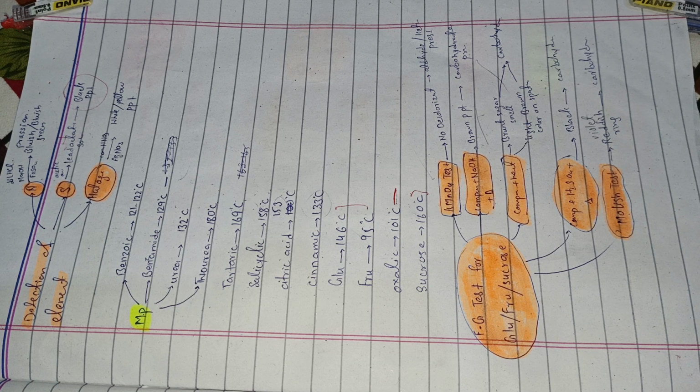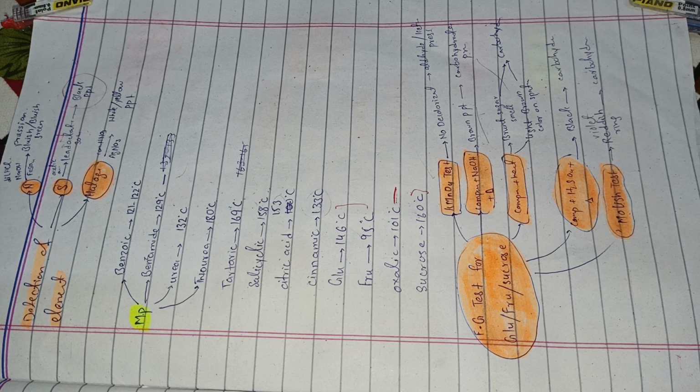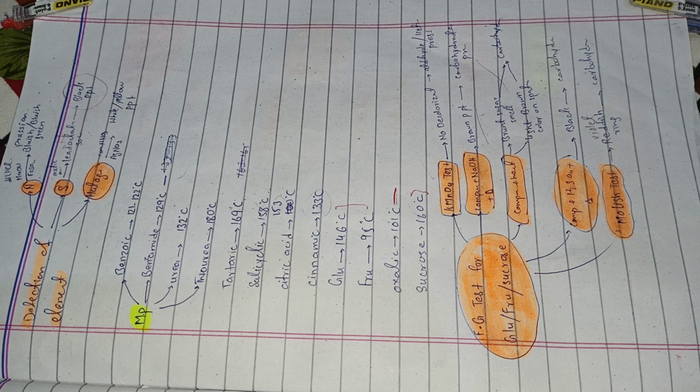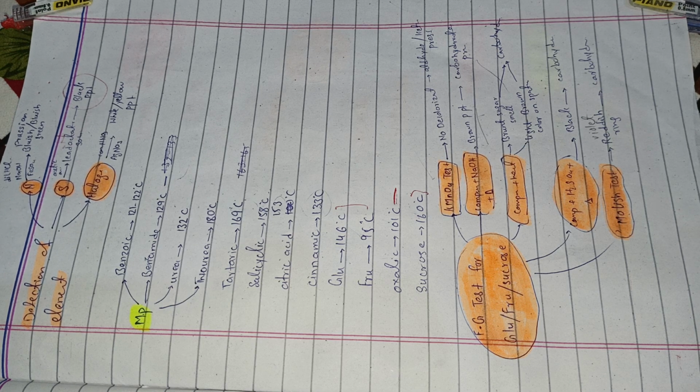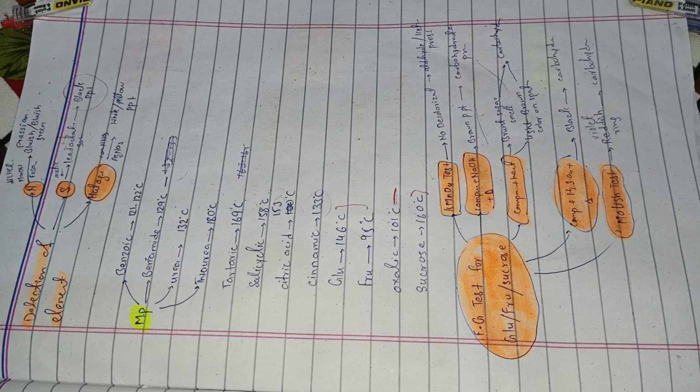Now cinnamic acid is 133 and oxalic acid is 101. Now the carbohydrates: sucrose is 160, fructose is 95, approximately 100, and glucose is 146. So now we have learned the melting points of all of these compounds.